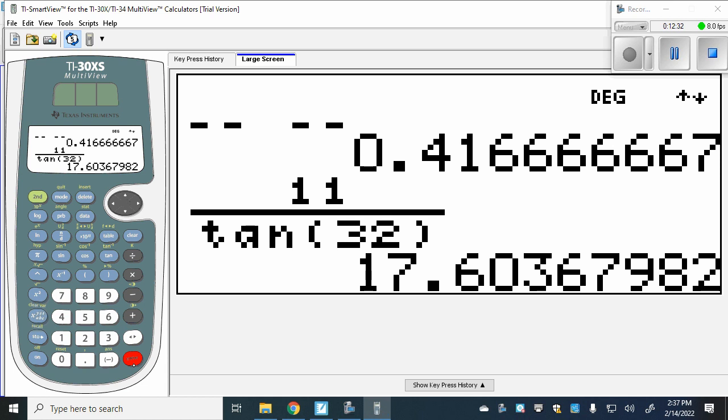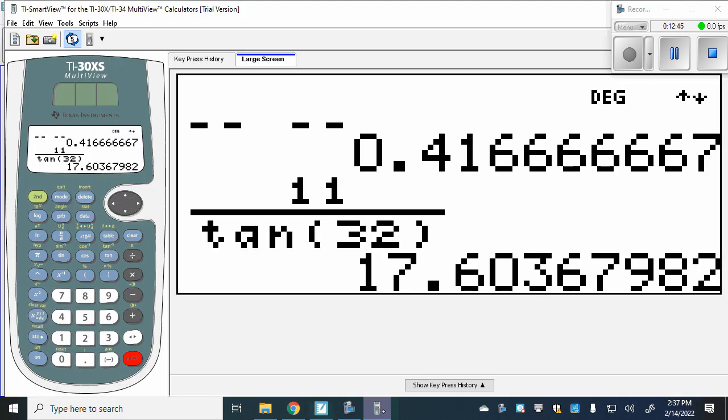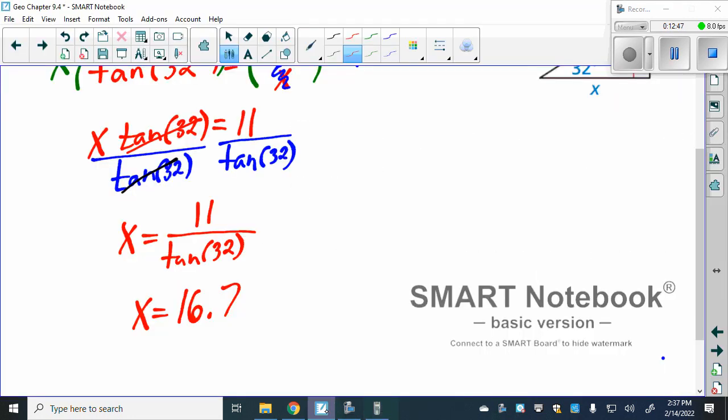But again, we're only going to one decimal place. I think it's 17.6. Yes. 17.6.